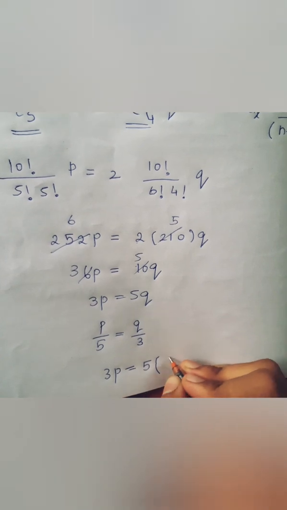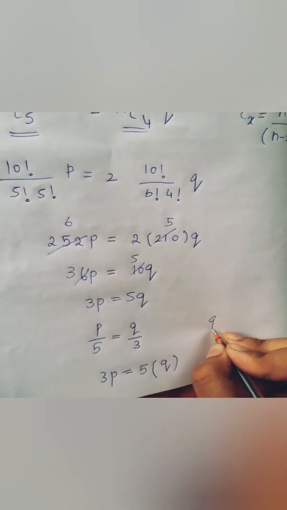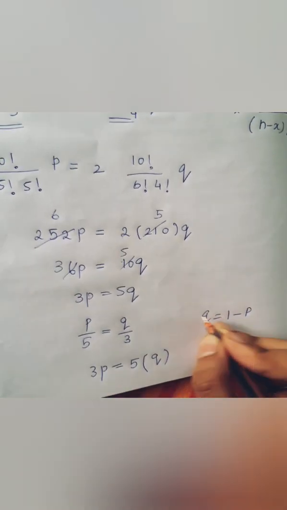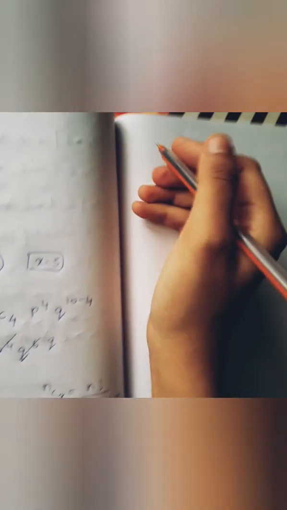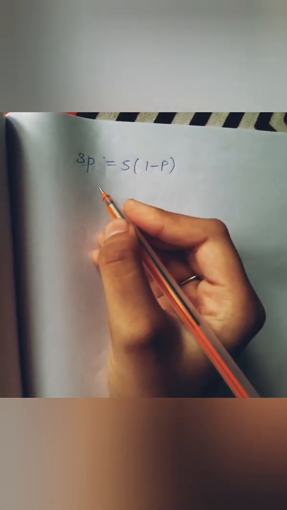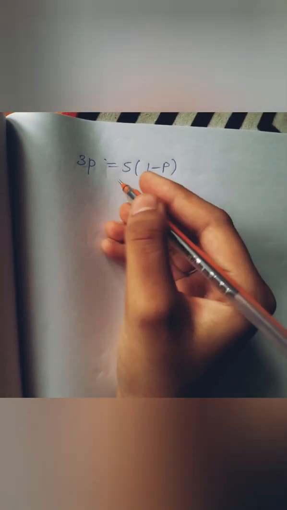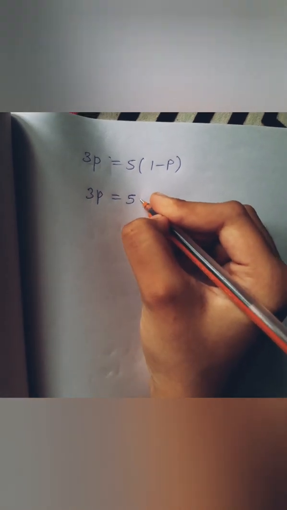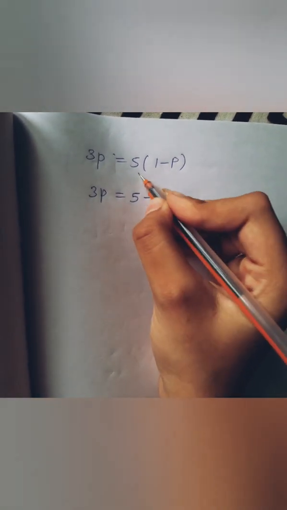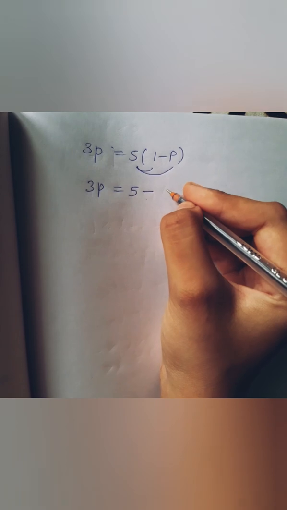Here q is nothing but 1 minus p. So we are substituting q as 1 minus p. Taking 5 inside and multiplying, 3p is equal to 5 minus 5p.